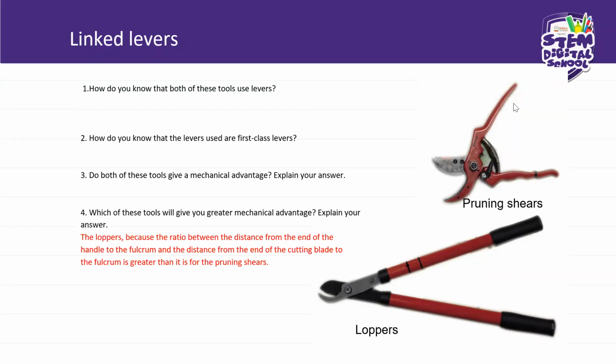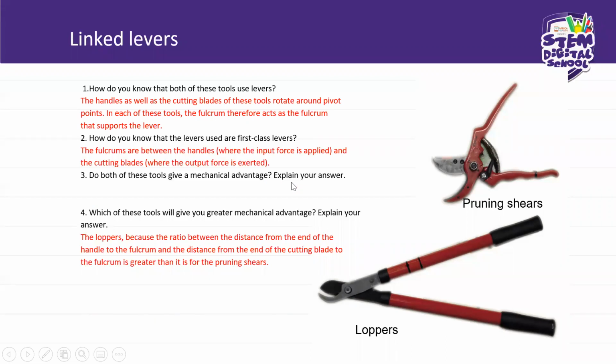The input is here, and look at the distance and look at the output. Look at the distance from the fulcrum and look at the output, the same here. And my question is, do these systems give mechanical advantage? Answer me now. I've given you the answer.